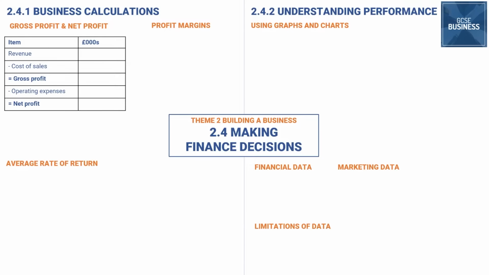We start with our revenue, and our revenue is the money we've generated from sales over a period of time. So let's say, for example, that this is over the course of a year. In this situation, let's say that our revenue over the course of a year is £600,000. So that's how much we've made from selling goods and services to our customers. Our cost of sales, these are the costs that are involved in directly making the product. So our cost of sales are, for example, our materials, the things that go into actually making the physical product.